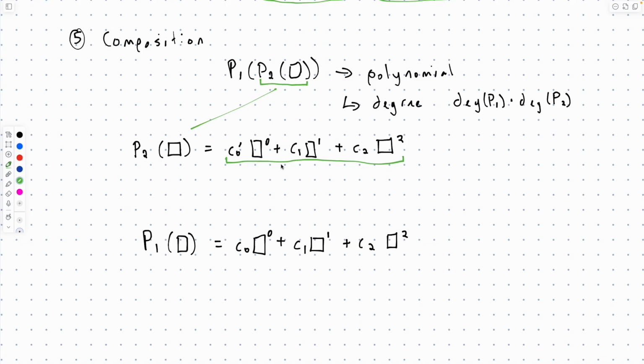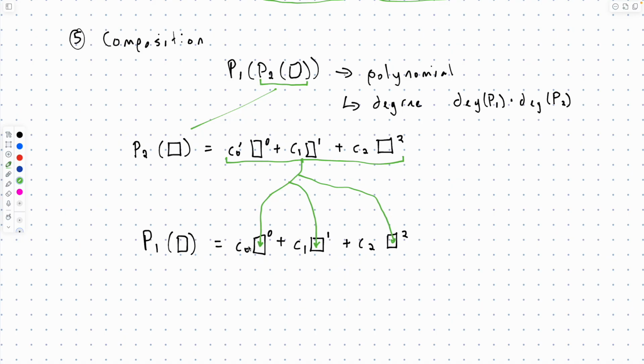Everyone agrees? Okay. What does this notation say? It says, well, P1 of this, okay? So what I'm doing is I'm taking a copy of this and I'm putting it in the box of P1. And then I take a copy of it and I put it in the box here. And then I take a copy of it and I put it in the box here.